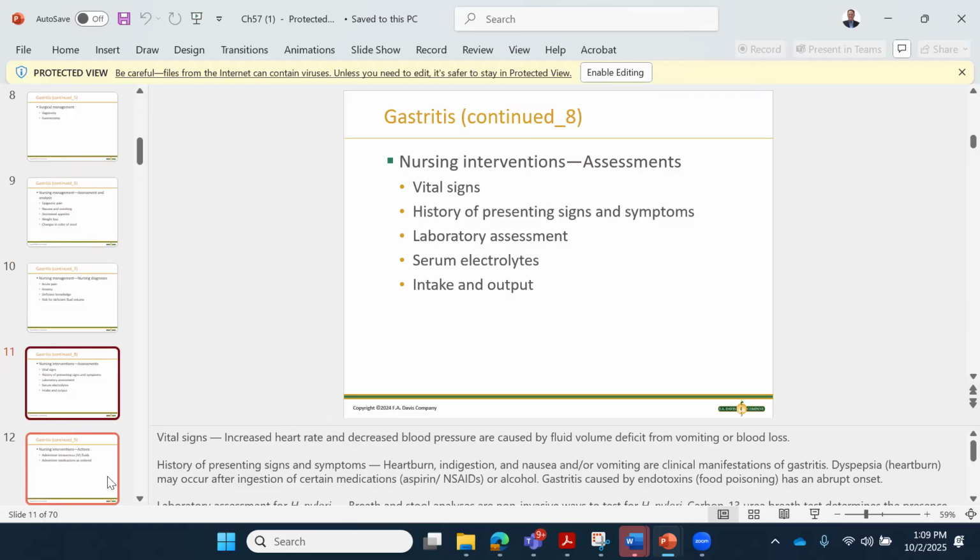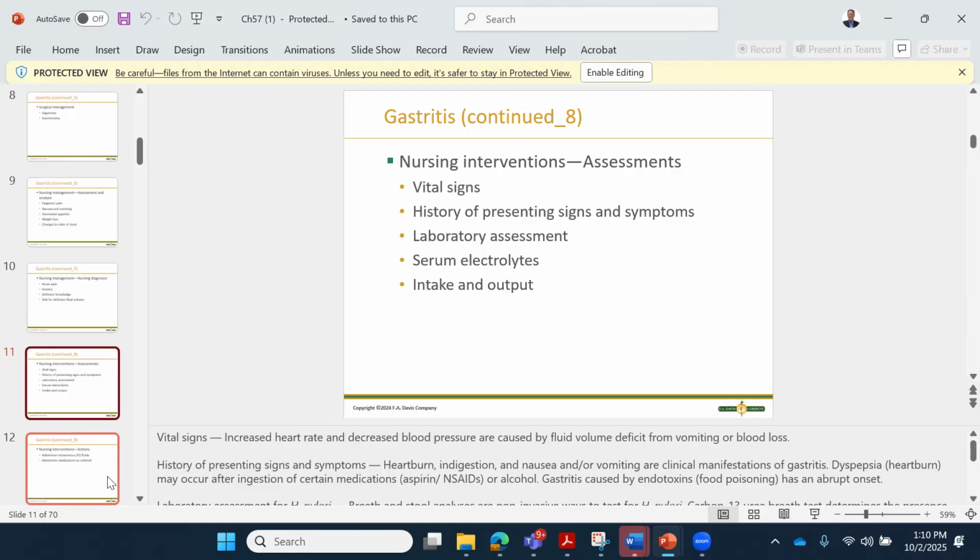It's never a good idea, for example, to give a patient an anti-diarrheal if they have diarrhea that is associated with a foodborne illness.